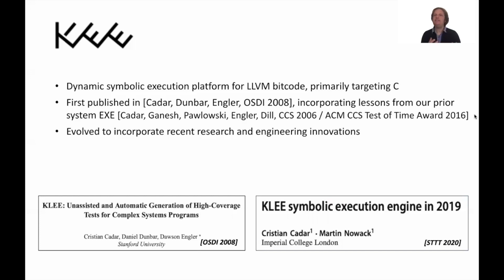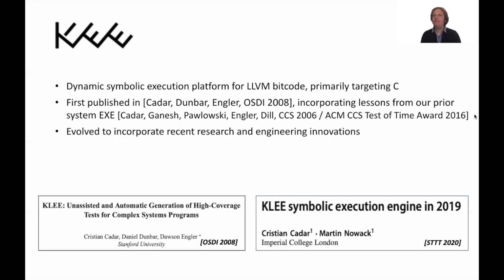KLEE is a dynamic symbolic execution platform for LLVM bitcode, primarily targeting the C programming language. We first published on KLEE in 2008, together with Daniel Dunbar, who's also the main author of the original KLEE code base, and Dawson Engler.